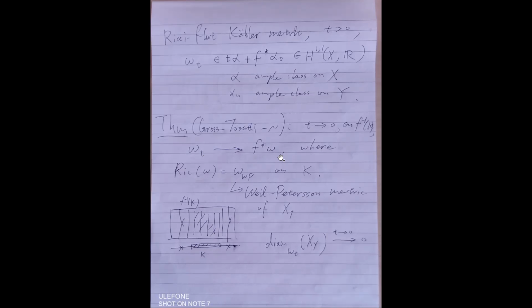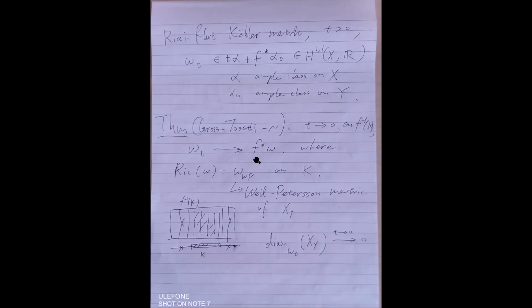Over here, we have the C-infinity convergence. And omega is a Kähler metric on the base which satisfies this equation: the Ricci curvature of omega equals the Weil-Petersson metric of the fiber. Remember, the fiber is a family of elliptic curves, so we have a well-defined Weil-Petersson metric on the downstairs, and we need the Ricci curvature of this metric to equal the Weil-Petersson metric. This equation was derived by Zhang and Tian.